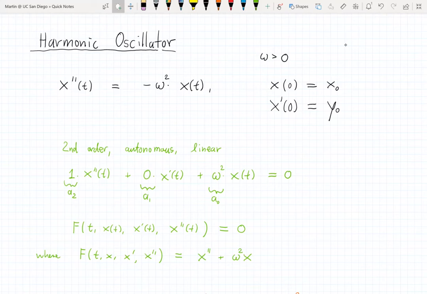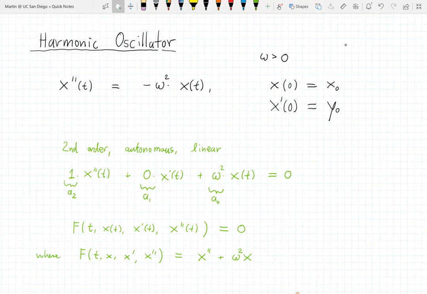Let's take a look how our framework applies to systems of ordinary differential equations. Well, one important example for a system of ordinary differential equations is the harmonic oscillator equation. Let's recall we had x prime prime of t equal negative omega squared times x of t, where omega is a positive parameter.